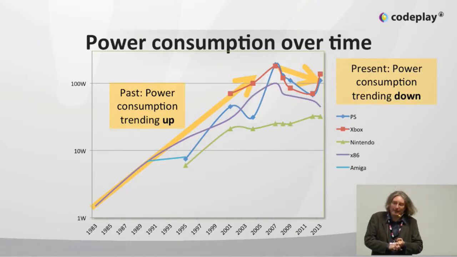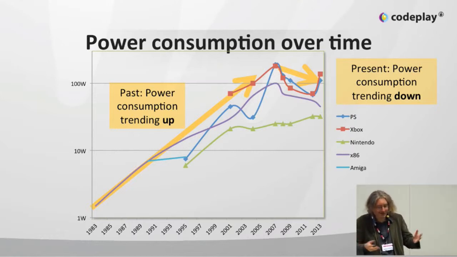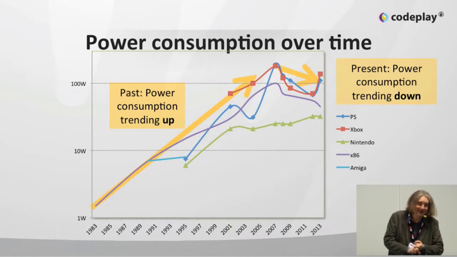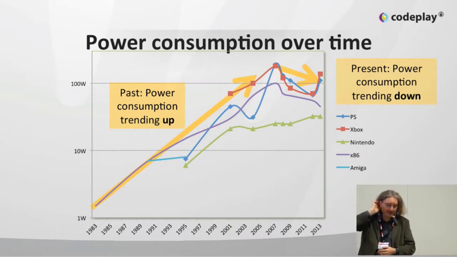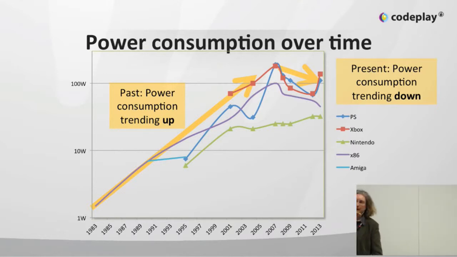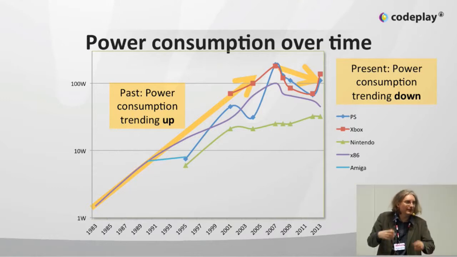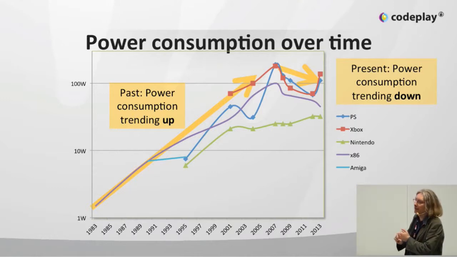So this is about power consumption over time for the stuff that I care about a lot, which is video game systems. I've got various video game systems. It's kind of similar for PCs. But you'll see when I started back on the ZX81, it was typical for a processor to be about 1 or 2 watts. There wasn't even a heatsink, let alone a fan on those things.